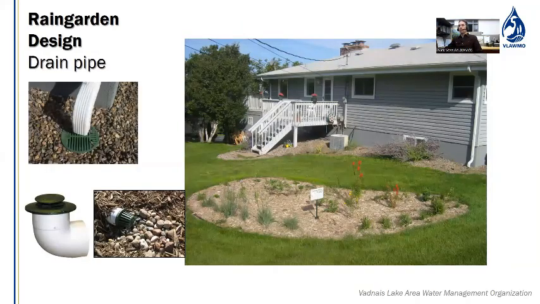So rain garden design, there's a lot of hardware you can choose from. The pop-up feature or this underground, what's also called a French drain. And notice that the pop-up and the outlet are surrounded by some rock to break the velocity.